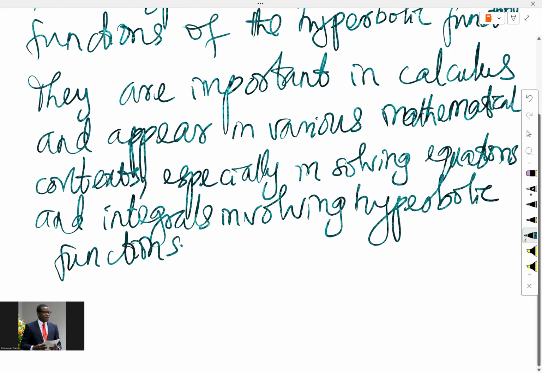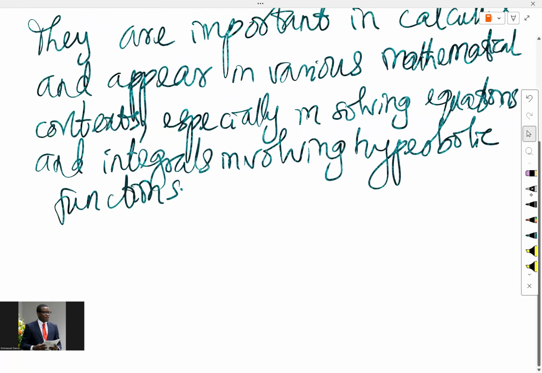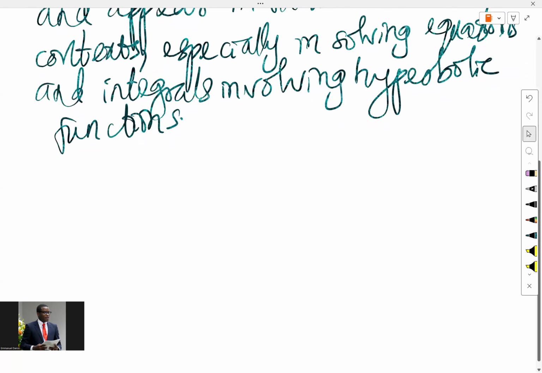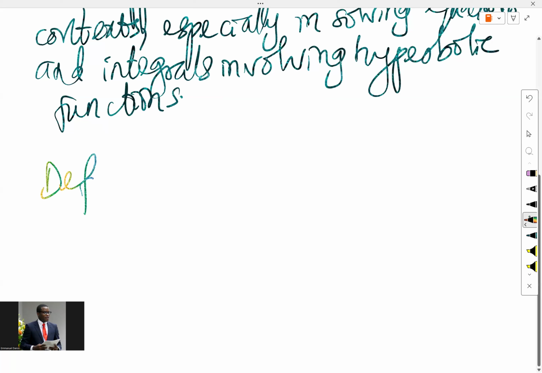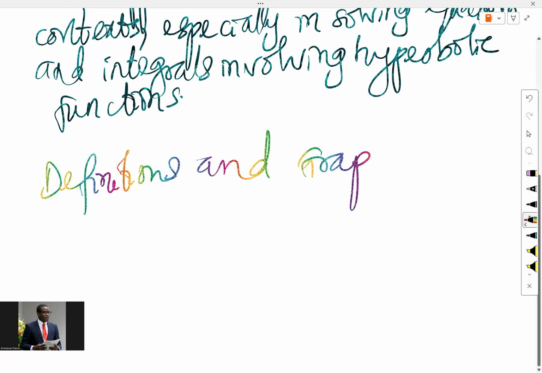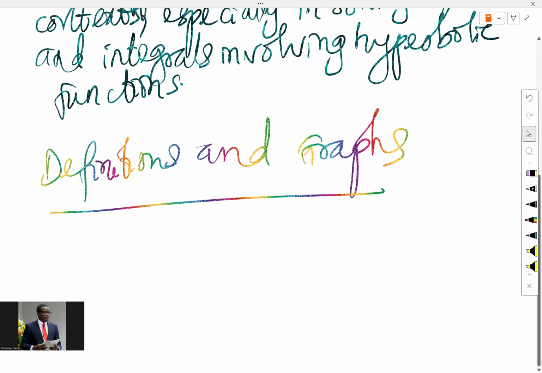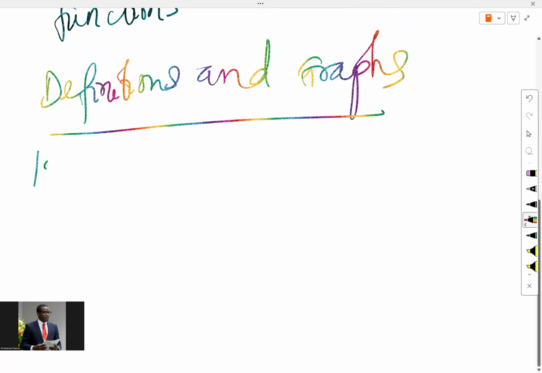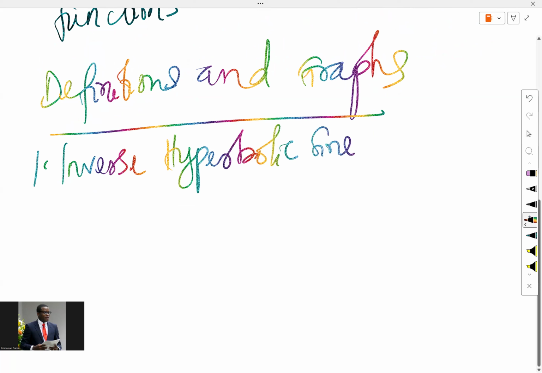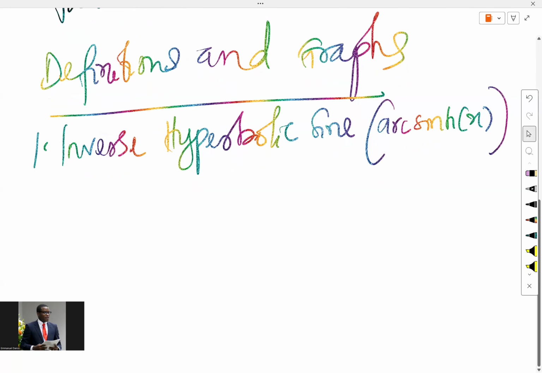Okay, so let's define these inverses and see their graphs too. Definitions and graphs of inverse hyperbolic functions. First of all, let's talk about the inverse hyperbolic sine, that is arcsinh x.